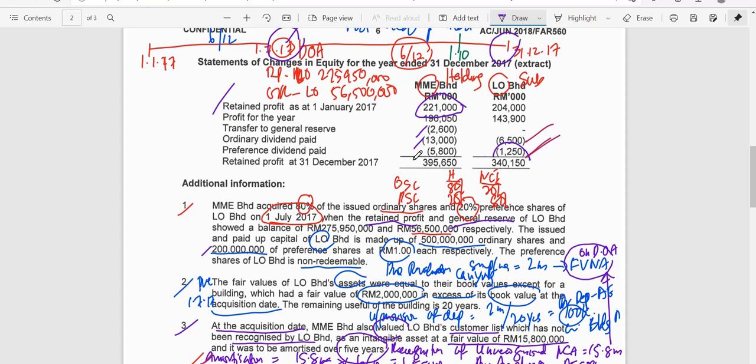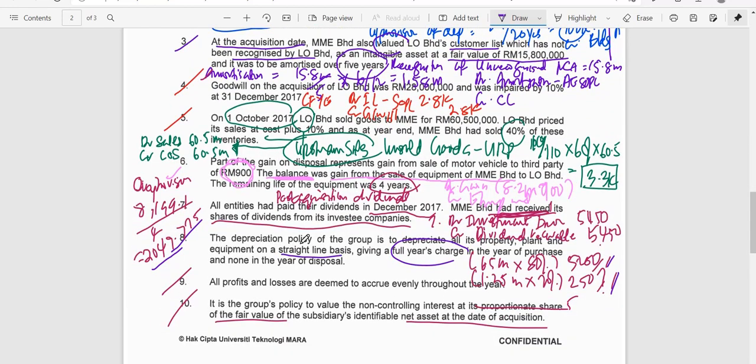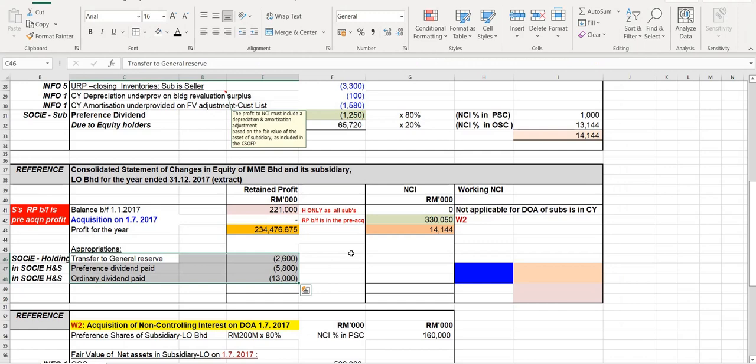This is the one that was declared by the parent. Here the dividend is 6,500. As informed much earlier, it was all declared during the post-acquisition period, somewhere in December 2017. We settled that first. Now we move on to the subsidiary.